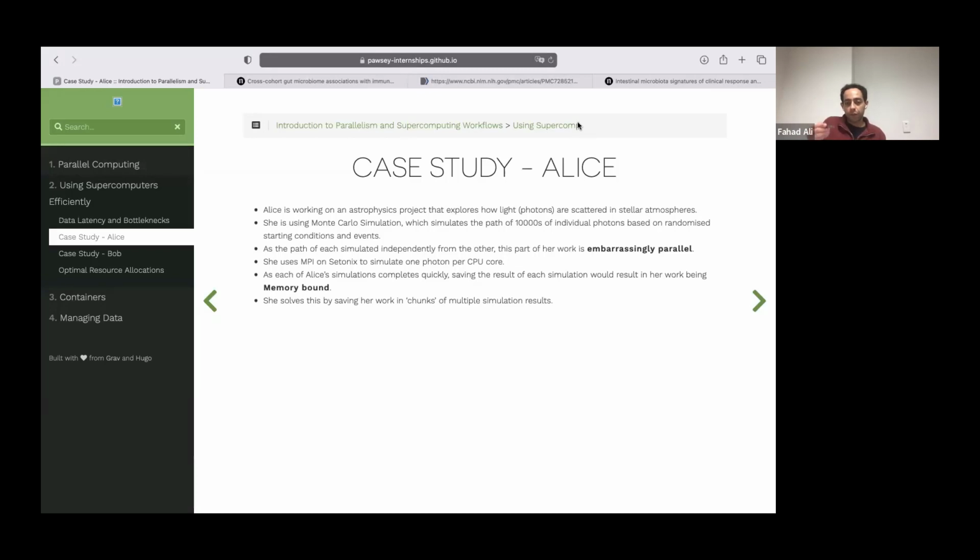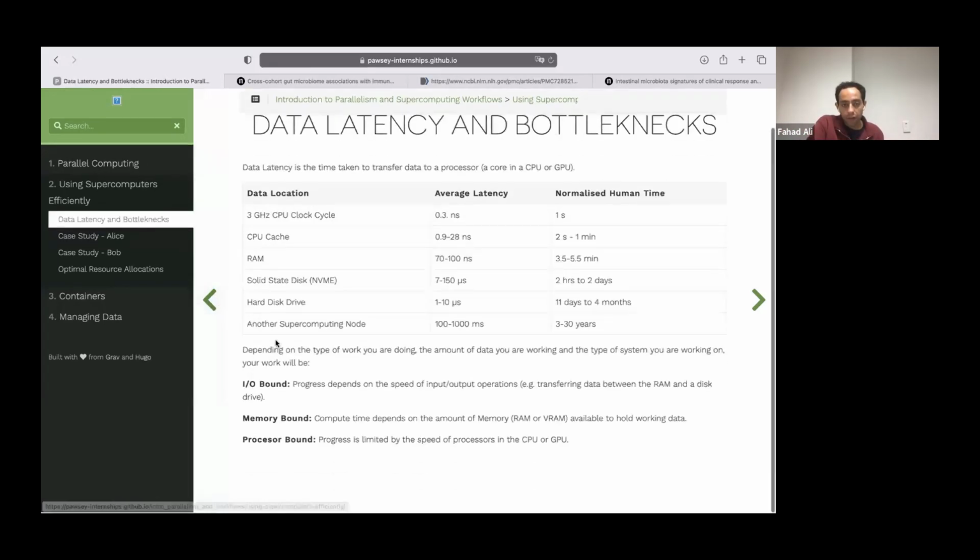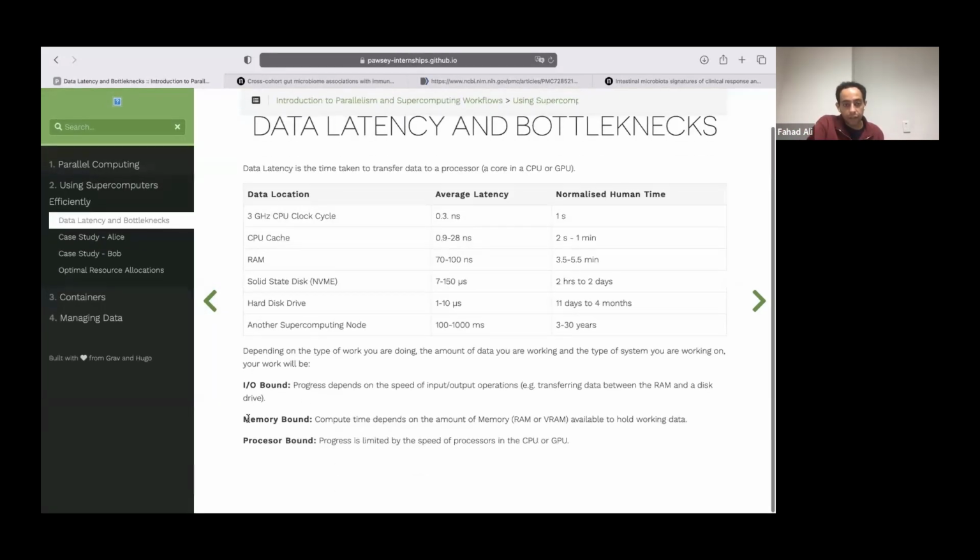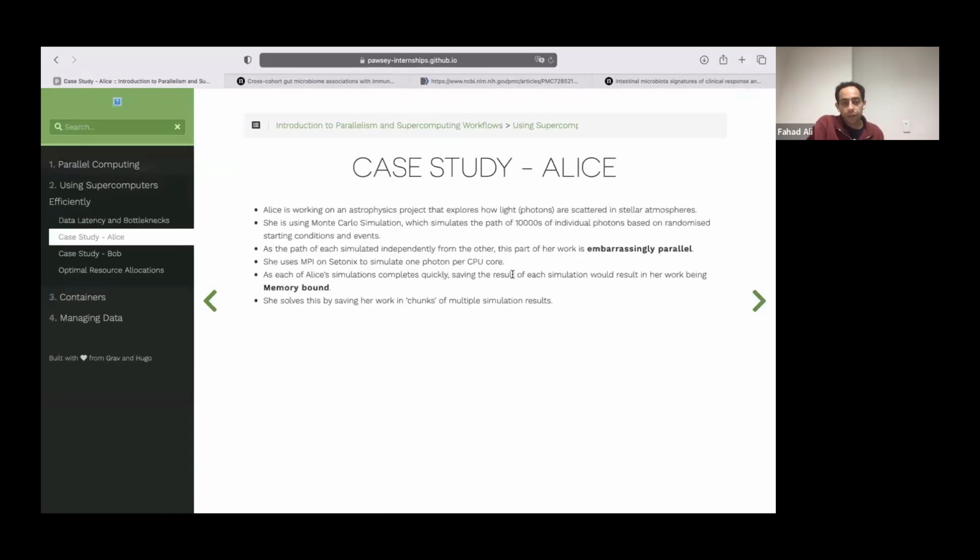If the result of each simulation were saved as soon as it completed, the simulations can run quite fast, but now we have this issue of a memory bound, right? Saving the result of each simulation to memory would result in her work being memory bound.